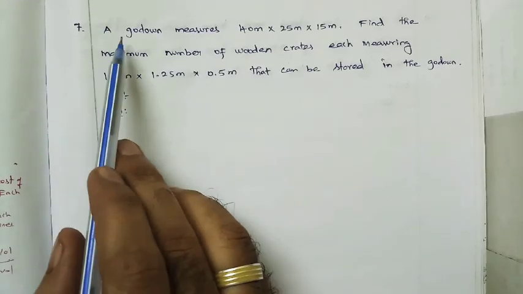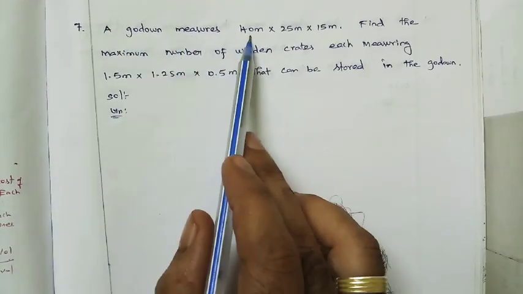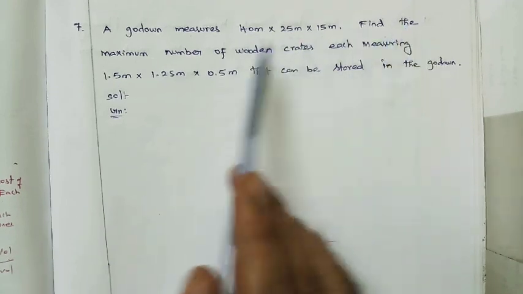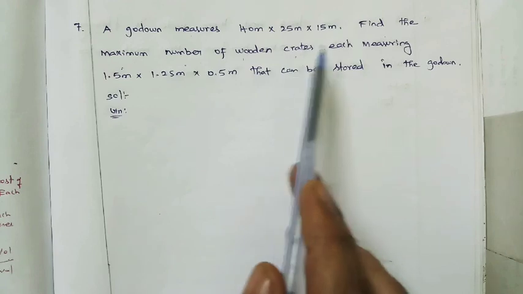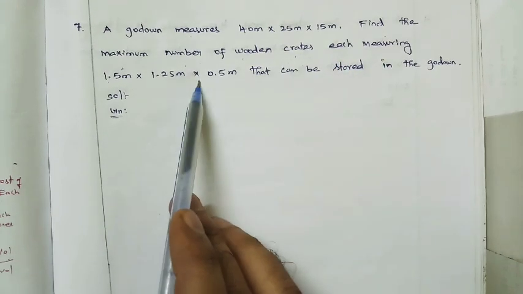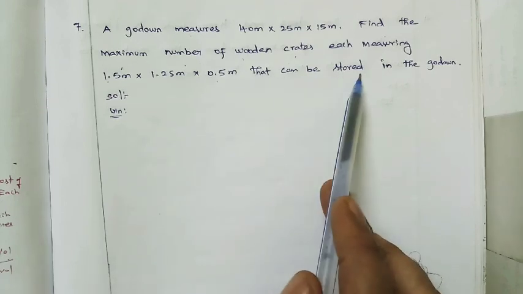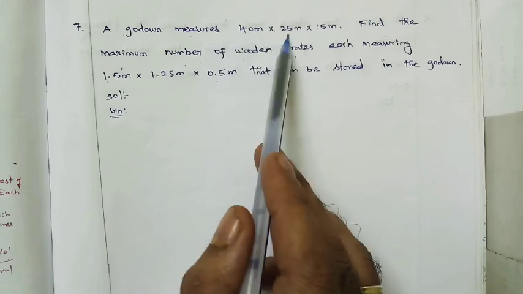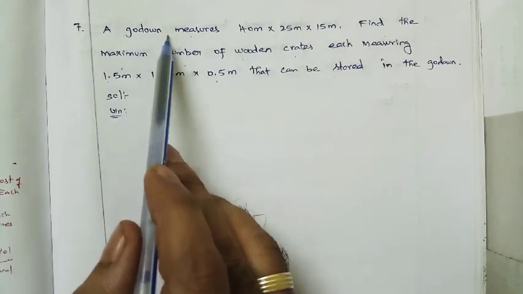Number 7: a godown measures 40 meter into 25 meter into 15 meter. Find the maximum number of wooden crates, each measuring 1.5 meter into 1.25 meter into 0.5 meter, that can be stored in the godown. What is the shape of the godown?